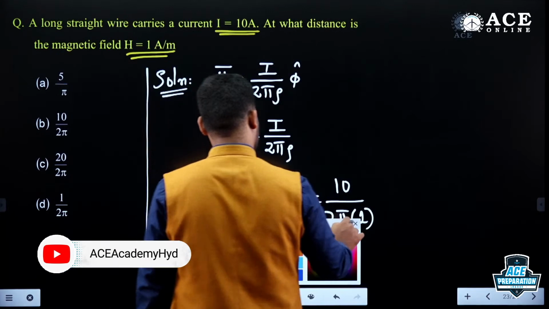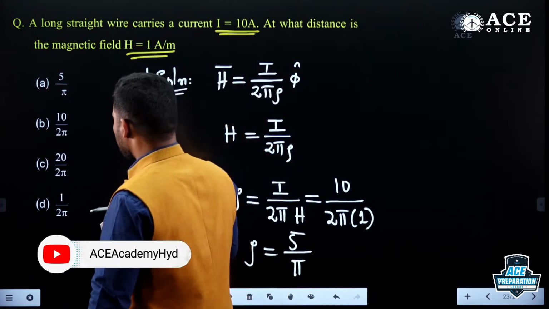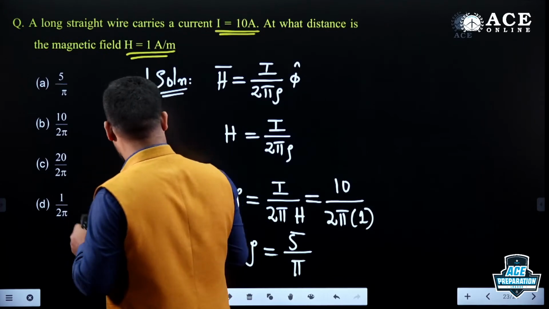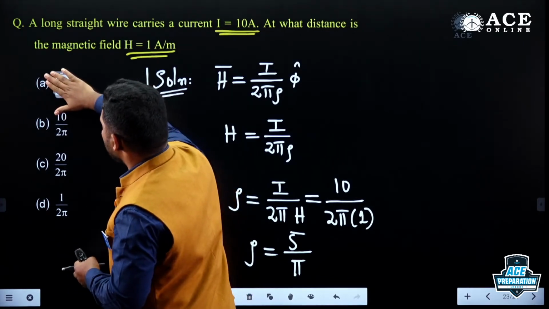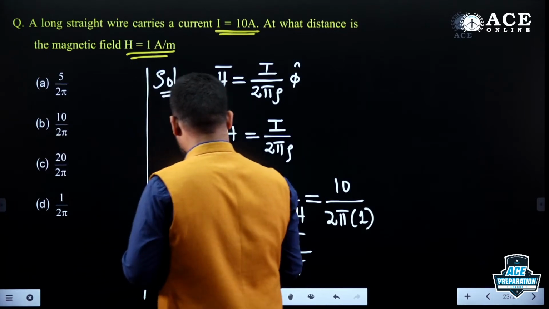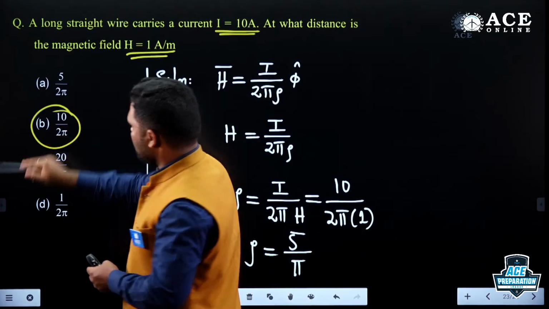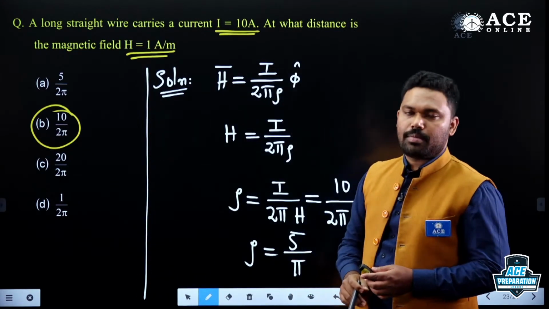Small correction: option B is available, so option B is the answer, 5 by pi.